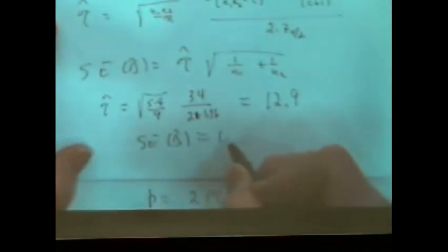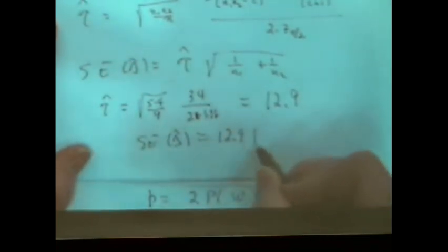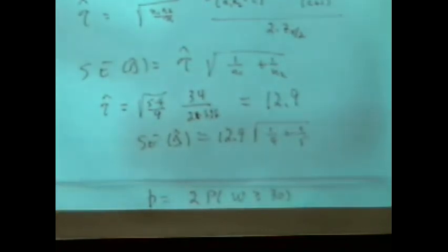Standard error of delta hat would be 12.9 times this. So it would be about 8.67.